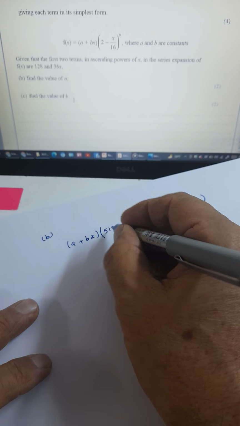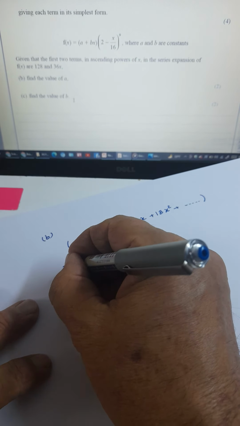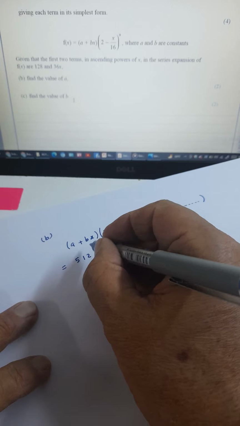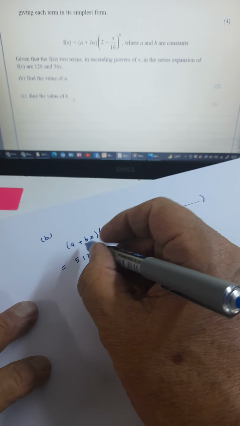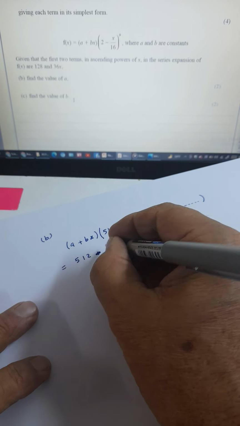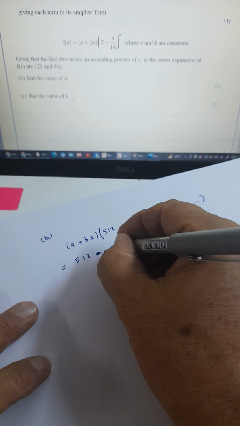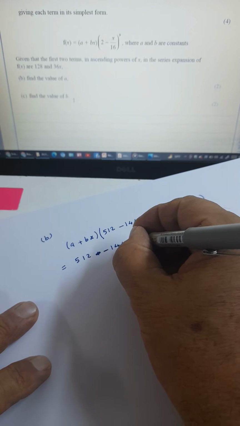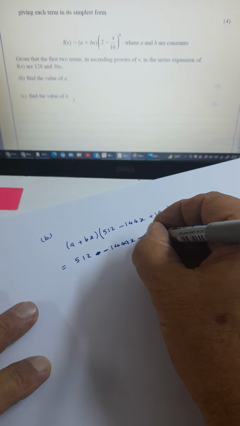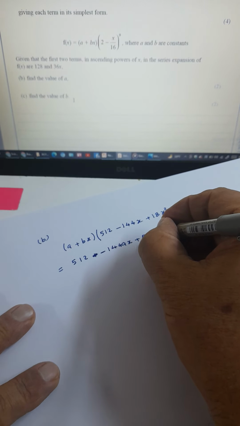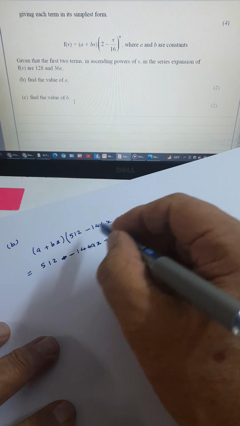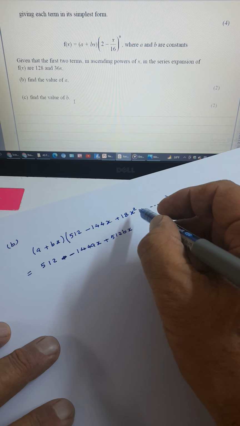A times 512 equals 512 plus minus 144ax, and then multiply this plus 512bx. After this, the powers will be x squared.